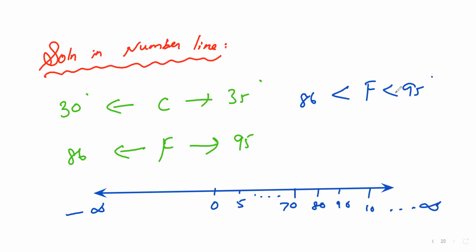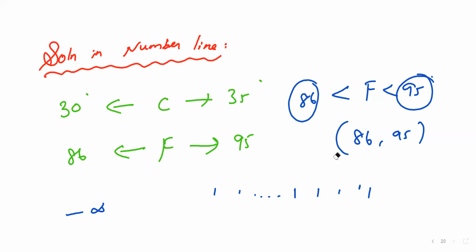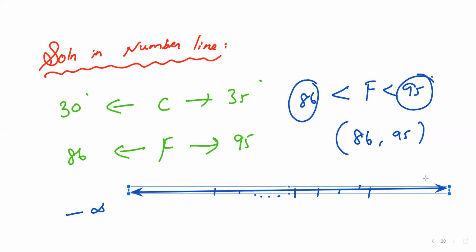There is no less than or equal to or greater than or equal to symbol, so it is open bracket only. 86 and 95 should not be included. Here is 80, 82, 84, 86, 88, 90.